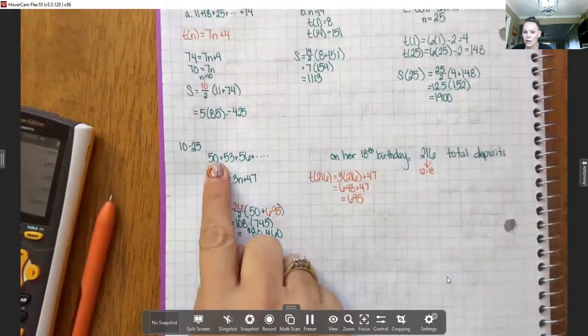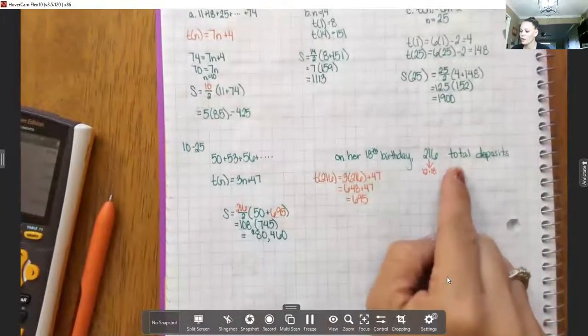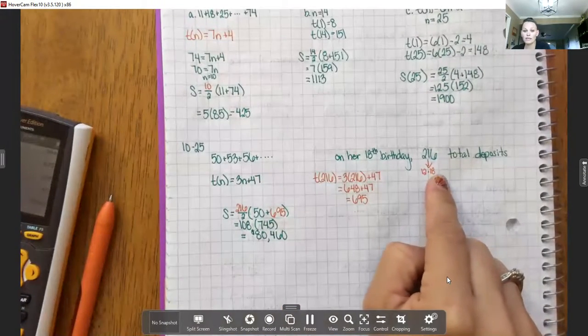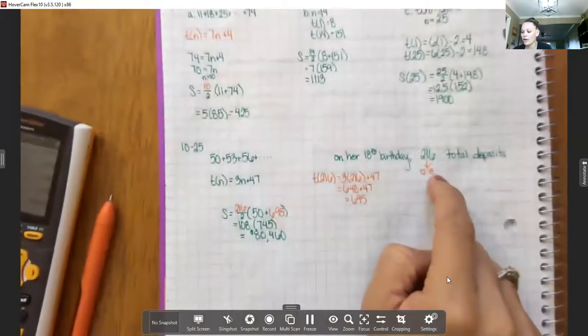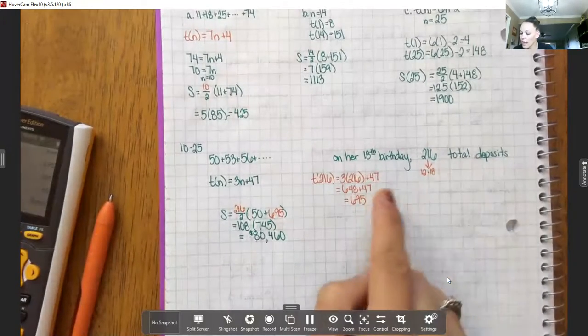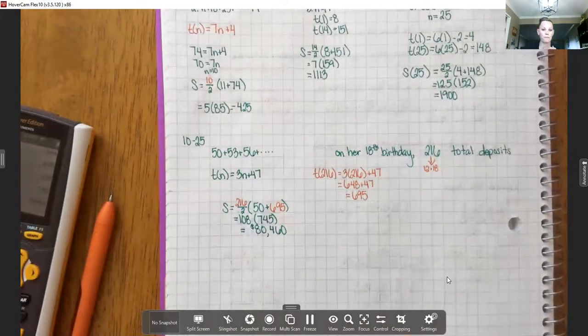Again, we knew it was growing by 3 every month. We knew that this was our sequence generator. So we had to figure out that there were 216 deposits or months because 12 deposits per year for 18 years. So we had to figure out the last one was 695, and then we could use our formula.